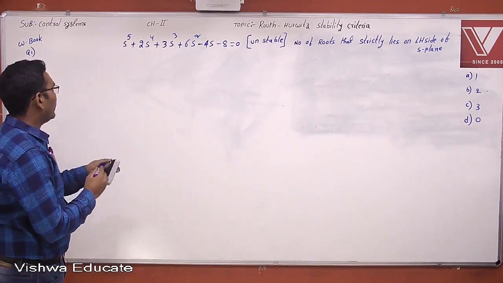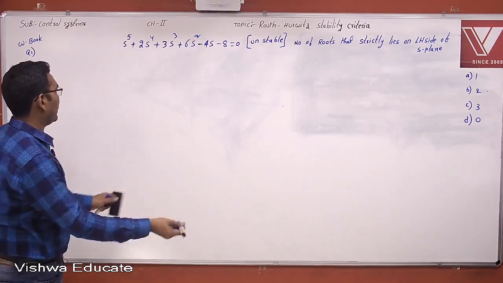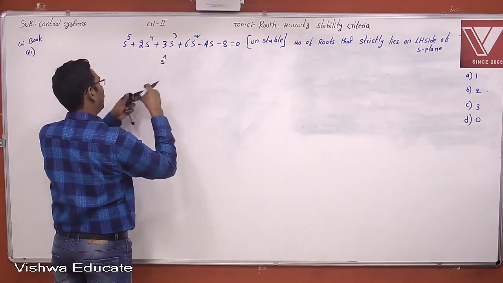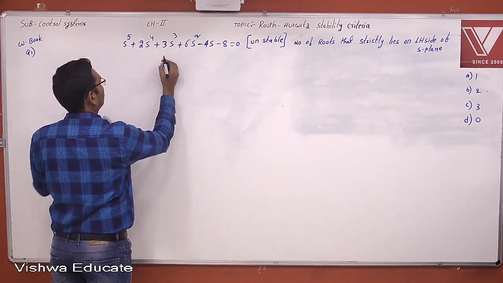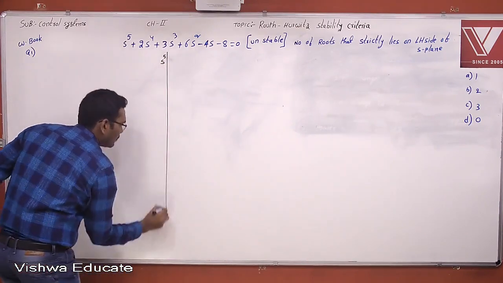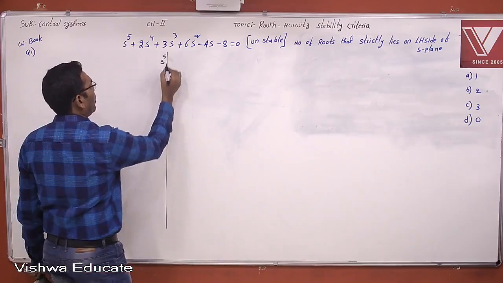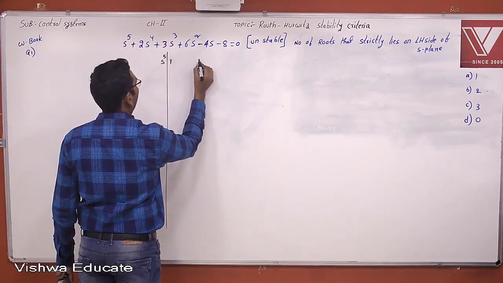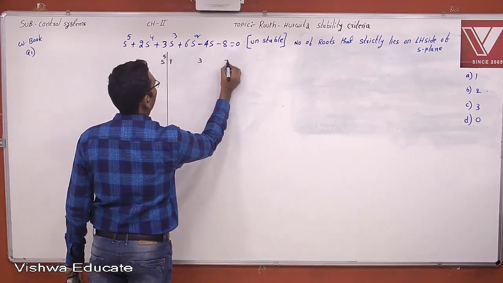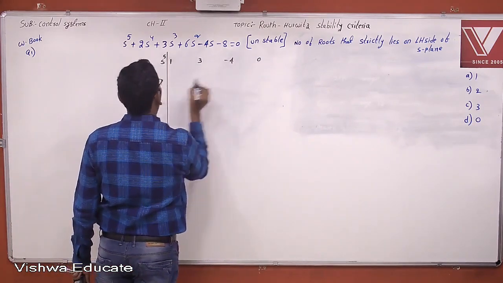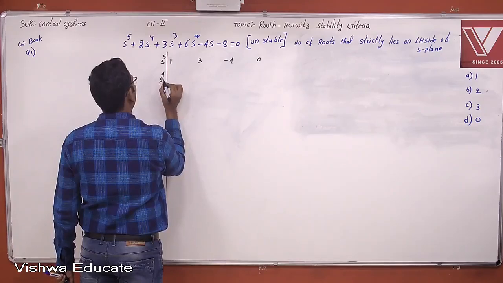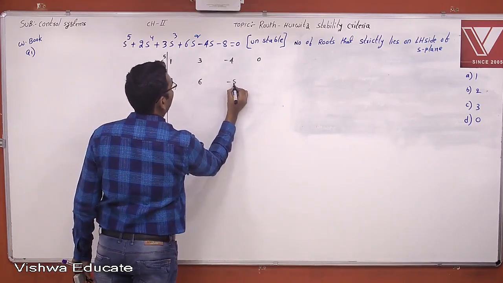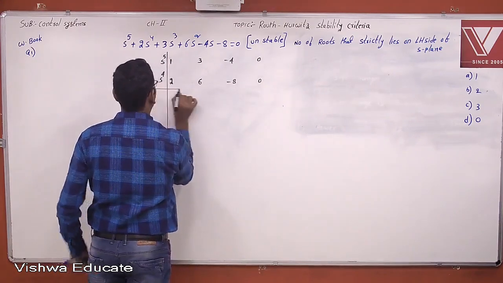Now we will try to solve this by forming the Routh array. s power 5: odd power coefficients, 1, 3, minus 4, 0. s power 4: even power coefficients, 2, 6, minus 8, 0.